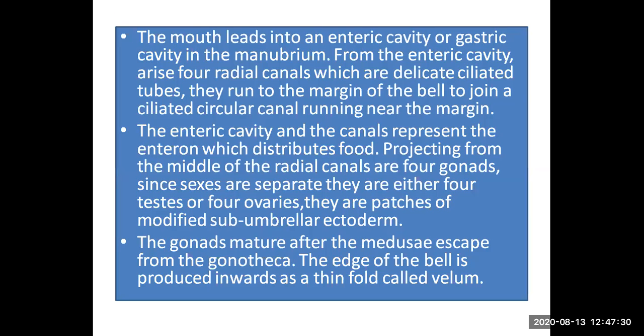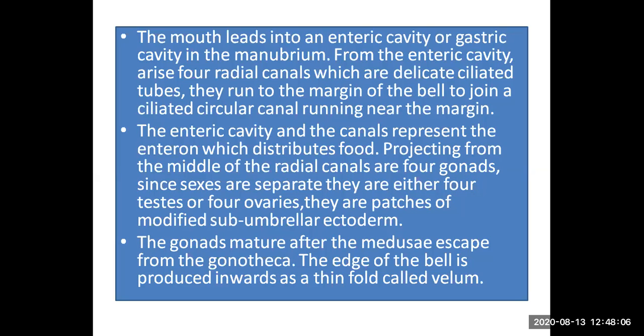The mouth leads into the enteric cavity, and from the manubrium's enteric cavity arise four radial canals, which are delicate ciliated tubes. They run to the margin of the bell to the ciliated circular canal running in the margin. The enteric cavity and the canals represent the enteron.